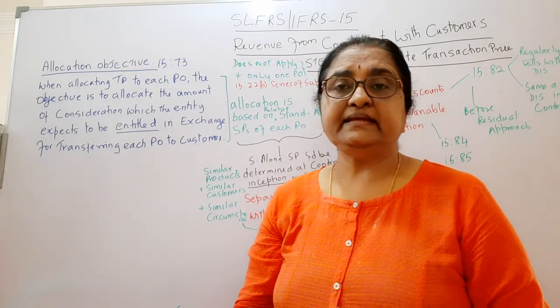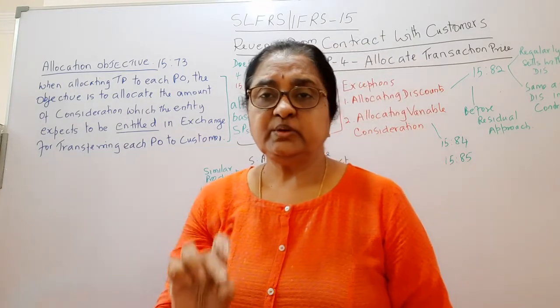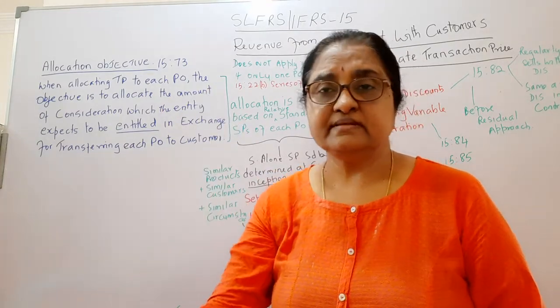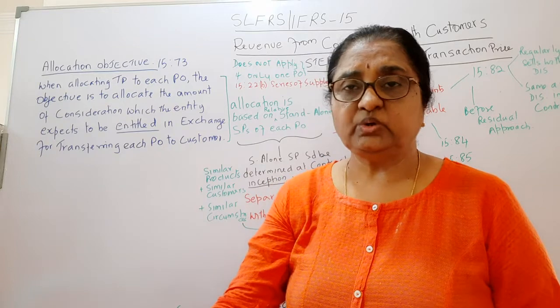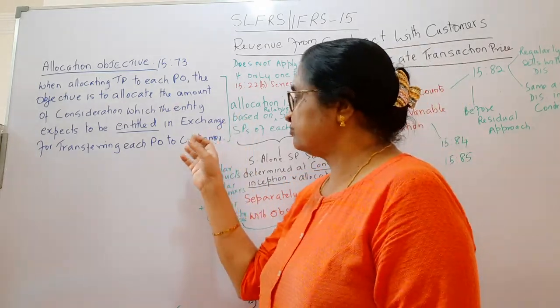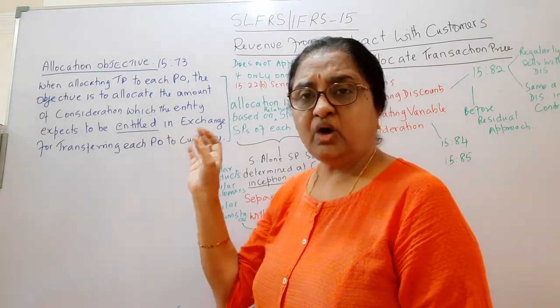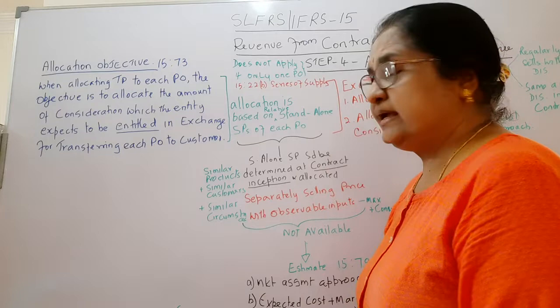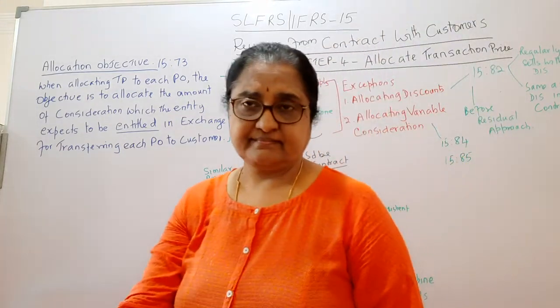You are not allocating the discount or variable consideration to all your performance obligations. Maybe one or two. So you have to be prepared for how the standard instructs you to allocate in that case.